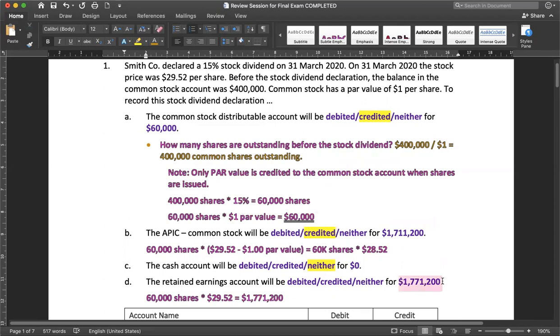And notice here that the amount that is debited to retained earnings is equal to the sum of the 60,000 par value plus the additional paid in capital.